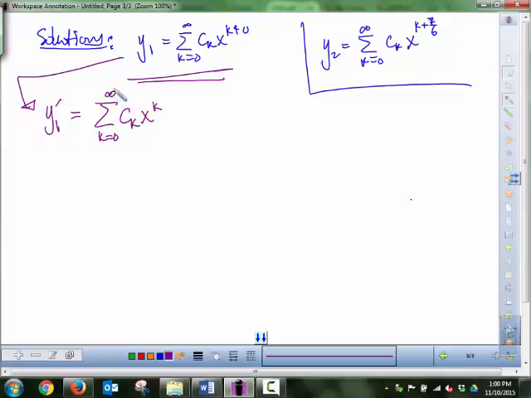And what we're going to do, to be able to allow for the r, and this is where it kind of makes more sense the way the book does it than the way I'm doing it, I'm going to keep the index at k equal to 0. Oops, I need to take the derivative, right? So I need to bring the k down, c sub k, x to the k minus 1.